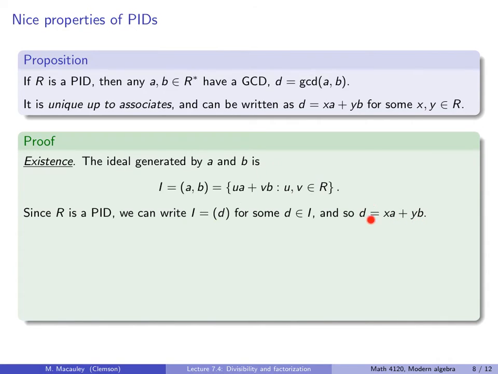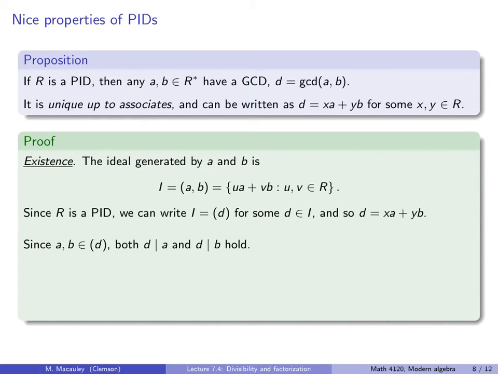In other words, it is a linear combination of A and B. Since A and B are in the ideal generated by this mysterious D, then D must divide A and D must divide B. So in other words, D is a common divisor of A and B.